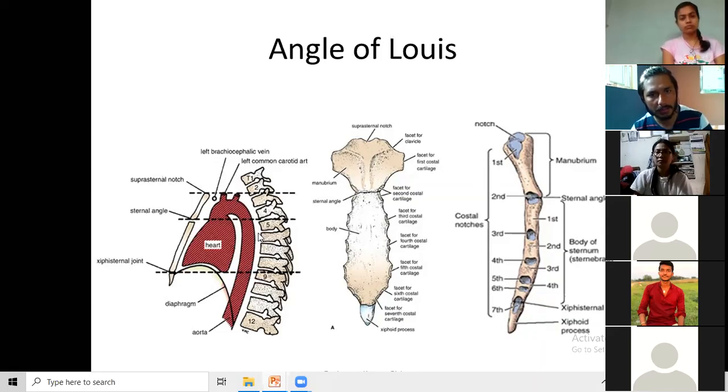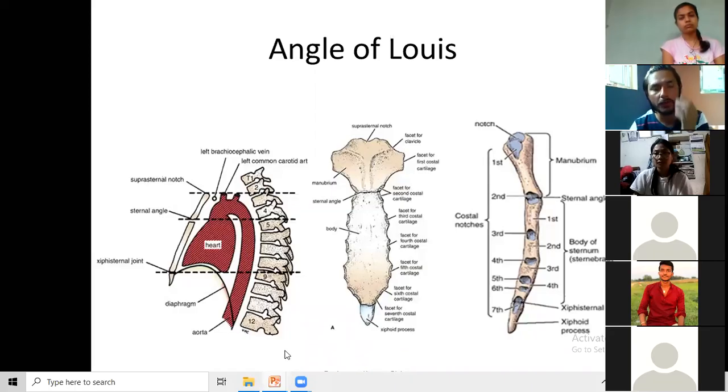This is the posterior mediastinum, and the remaining part is the middle mediastinum that consists of pericardium and the heart. So three: this white space in front of the heart, this red space, the position of pericardium and heart, and just behind this heart, this whole space is the posterior mediastinum only.